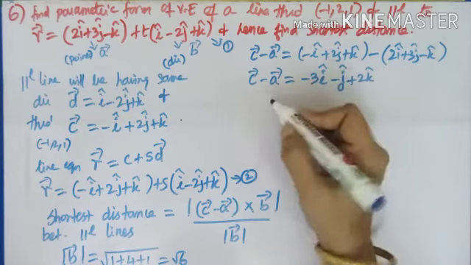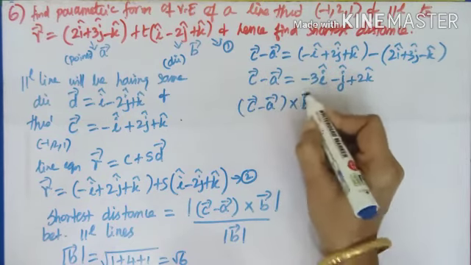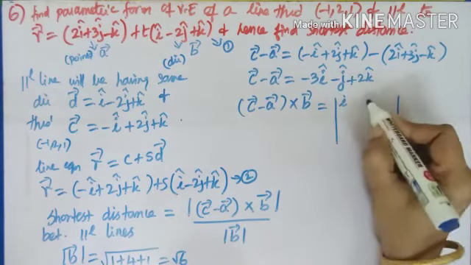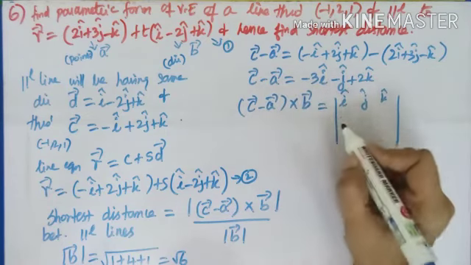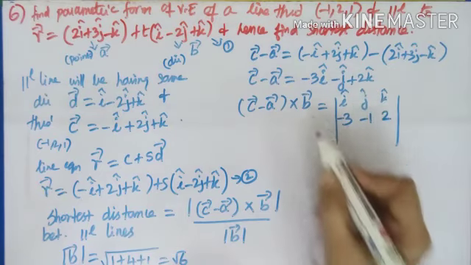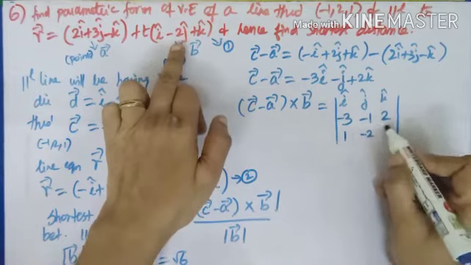Next I need to find C minus A cross B vector, that is a determinant. First row i, j, k. Second row, C minus A numbers: minus 3, minus 1, 2. Third row, B vector numbers: 1, minus 2, 1.